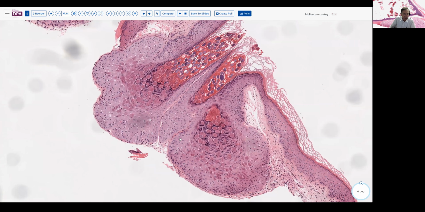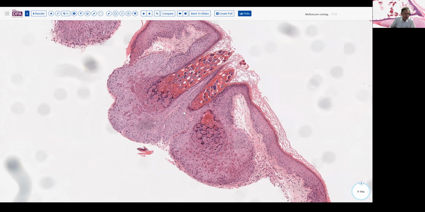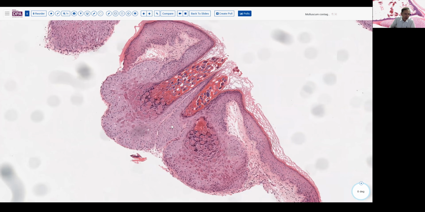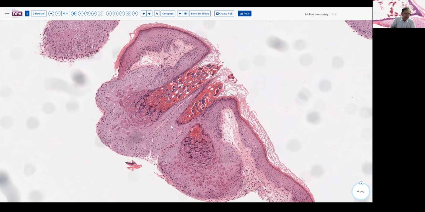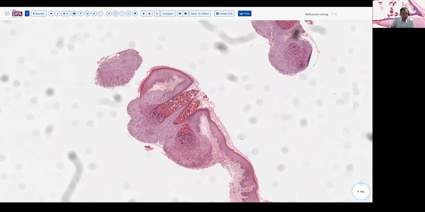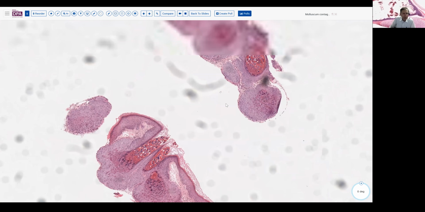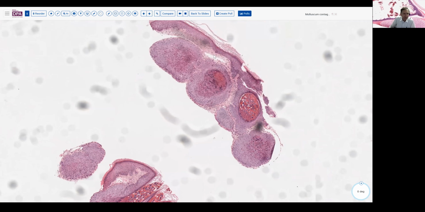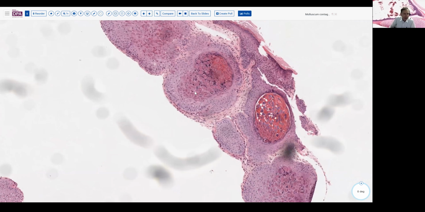This is not particularly a sexually transmitted viral disease. It may be other forms of close contact. It tends to be a little bit more frequent in children, but can occur at really any age group, and has this very characteristic appearance.